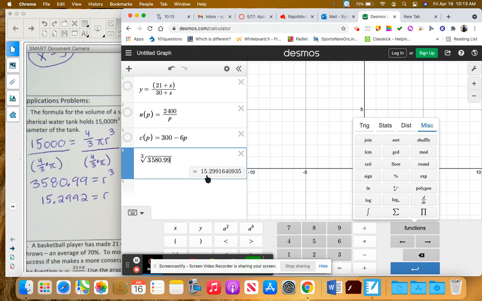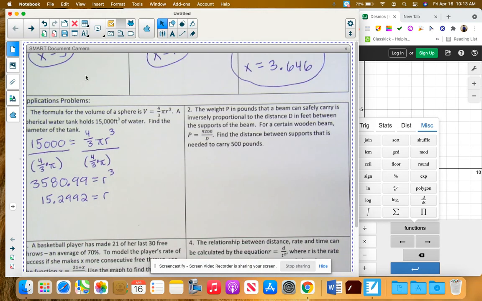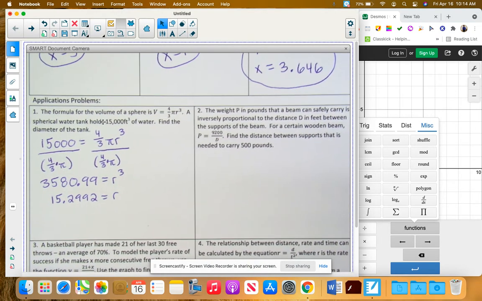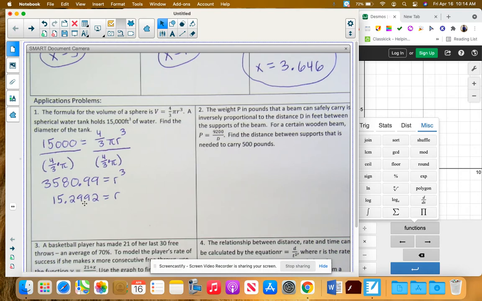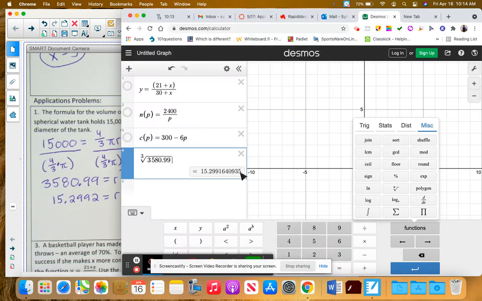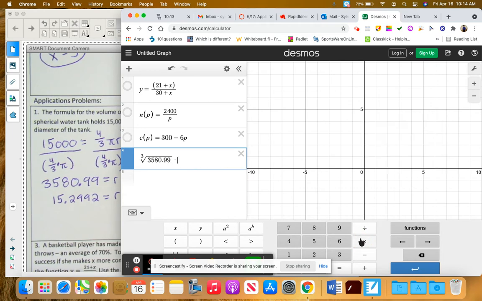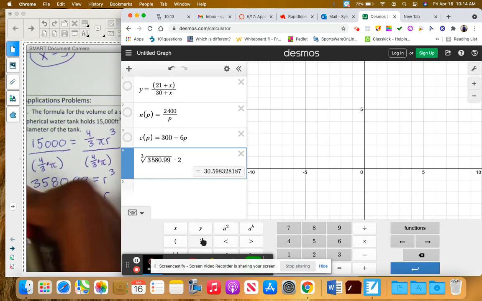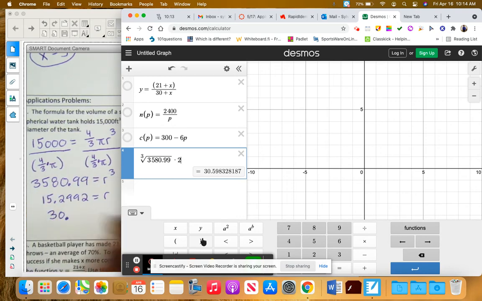Now, if I go back and read the problem, it does not want to know what the radius is. This problem says find the diameter. So all you have to do is multiply this number by 2. So again, it's already in Desmos. So I can take that number and I can multiply it by 2. So my diameter is, and I'm going to round to the nearest tenth, 30.6.